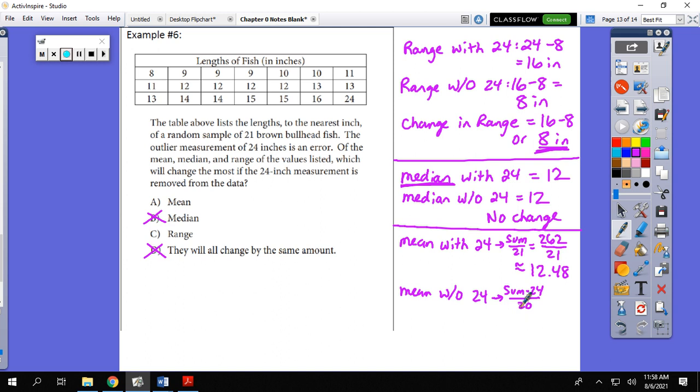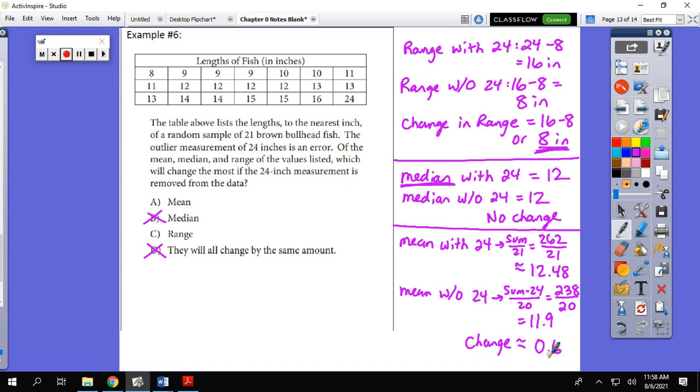So 262 minus 24 is a new sum of 238. And now there are only 20 fish, so divide by 20. The new mean is 11.9, which means the change is about 12.5 minus 11.9, or a change of 0.6.